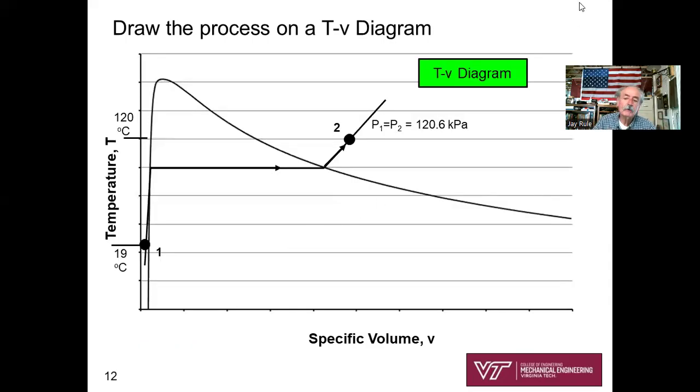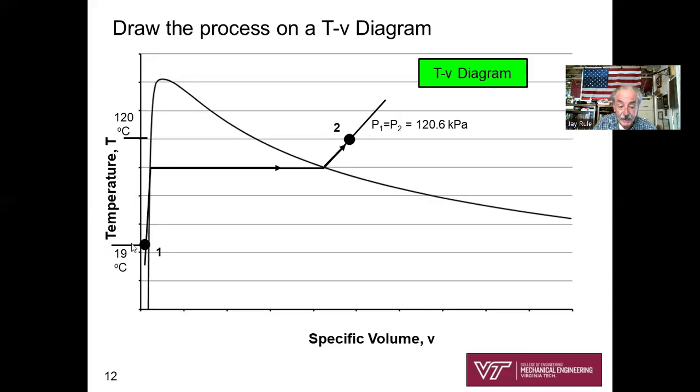If you are assigned in your class to draw the Tv diagram, here's what it would look like. Here's my vapor dome on the temperature-specific volume diagram. I learned that my process is constant pressure, so that means I'm going to be following an isobar, a line of constant pressure. And so my Tv diagram would look kind of crazy, wouldn't it? But it is the way it would look.